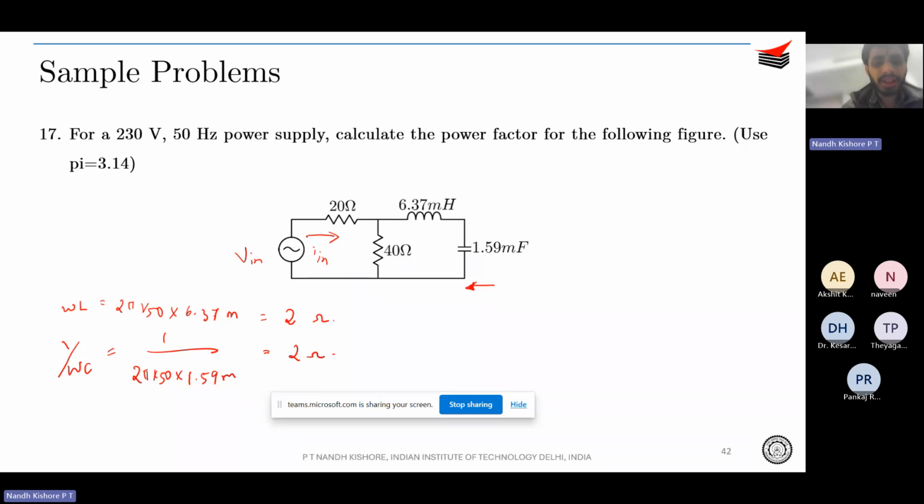So you see that omega L equals 1 by omega C. So this impedance and this impedance are cancelling out, right?